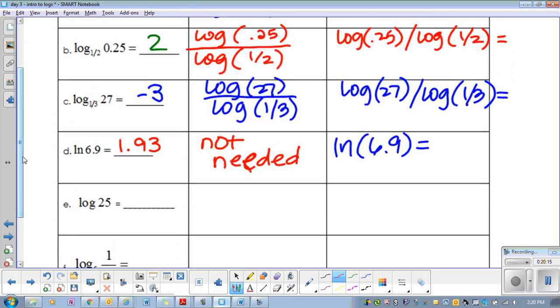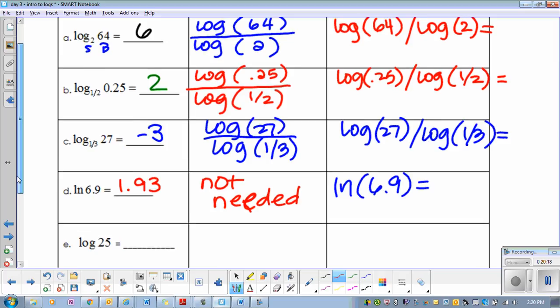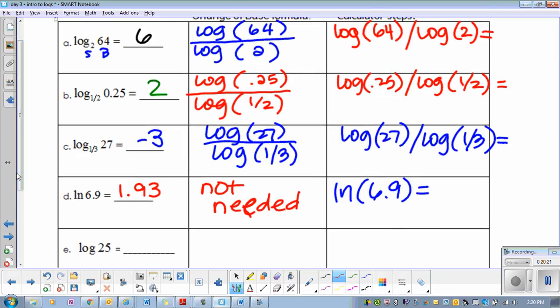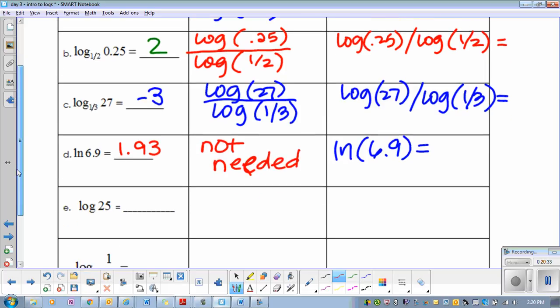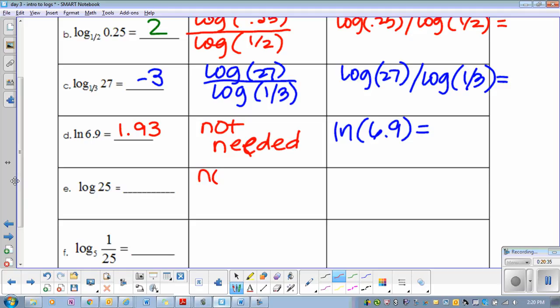So for E, log of 25. Do you see a small font number? No, so just put it in the calculator. You don't need to do the change of base formula. Probably gonna get a decimal for this too.